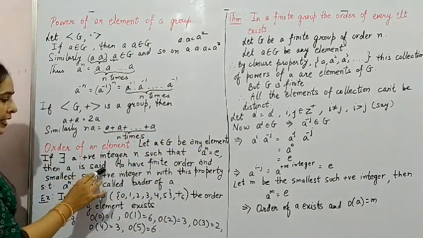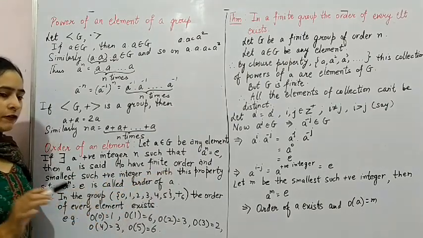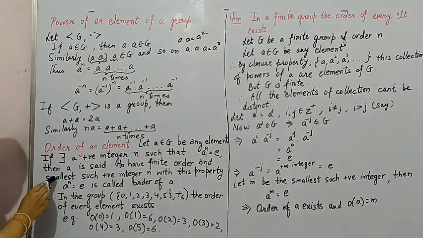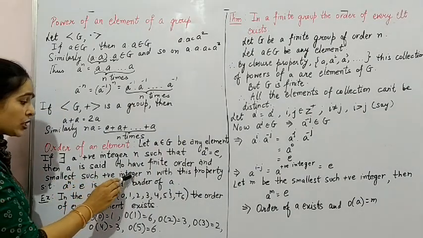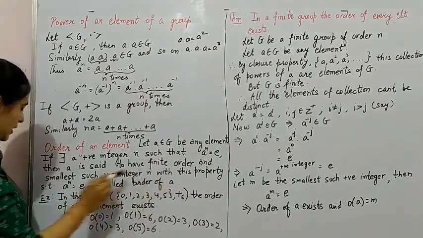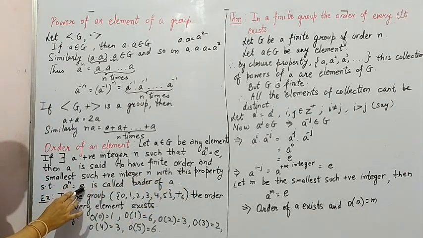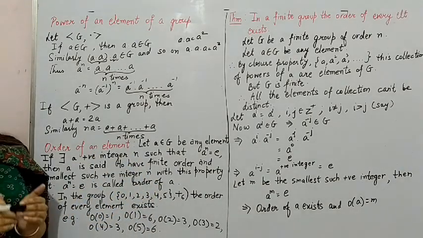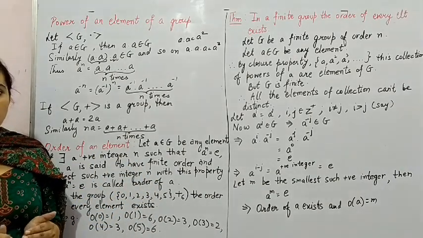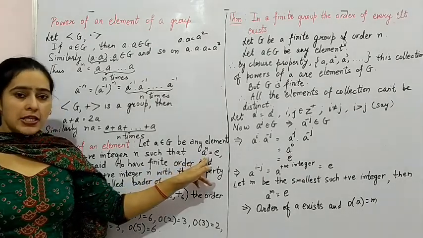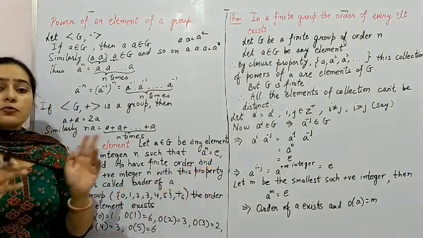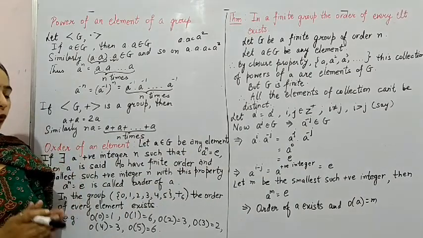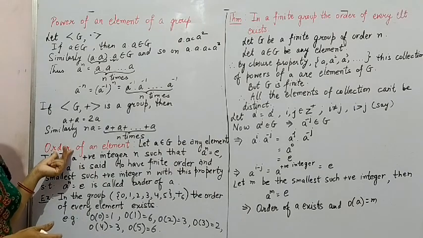Then a is said to have finite order. We shall say a is of finite order, and the smallest such positive integer n with the property that a raised to the power n is equal to e is called the order of a. If we have more than one positive integer satisfying this property, then the smallest positive integer among them will play the role of the order of the element.